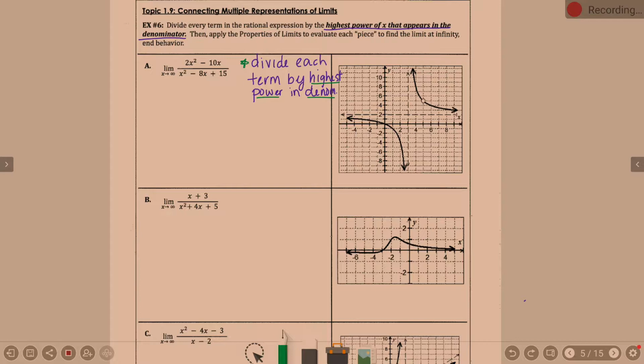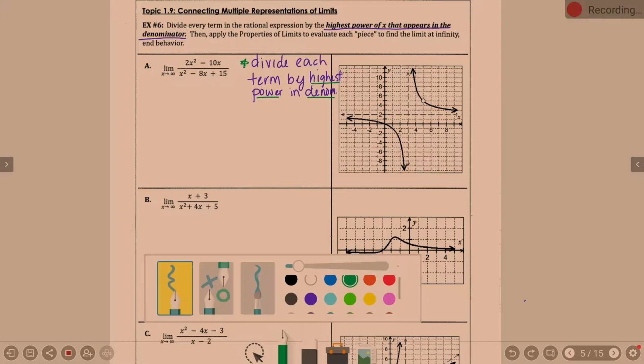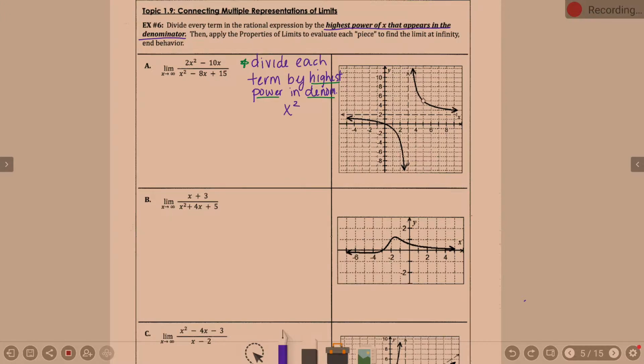What is my highest power in the denominator in this case? X squared. So we're going to divide all 5 different terms by x squared and see what happens.